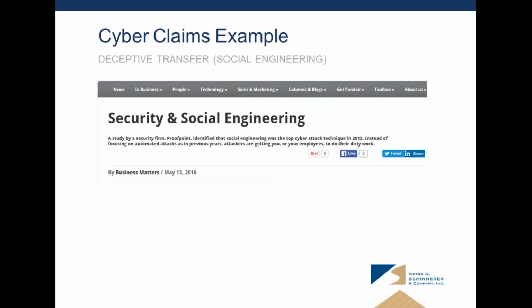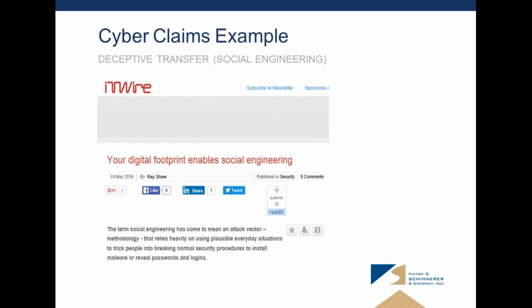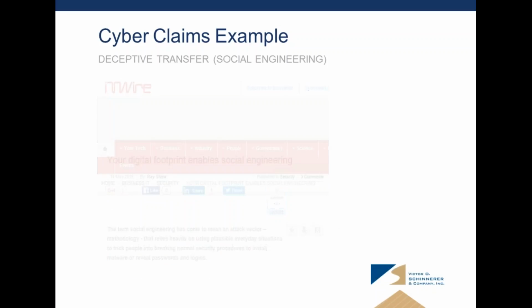In this one, it actually talks about how it was the most identified attack technique in 2015. In the next one, it talks about how your digital footprint actually enables these attacks. So basically, the more information that's out there, then plausible everyday situations become something that they can attack and exploit.